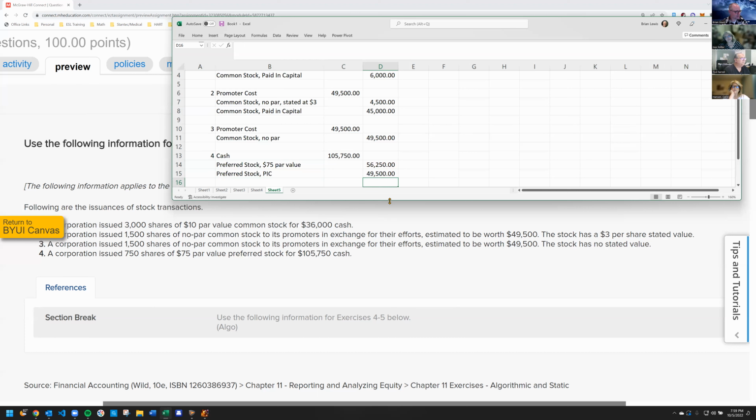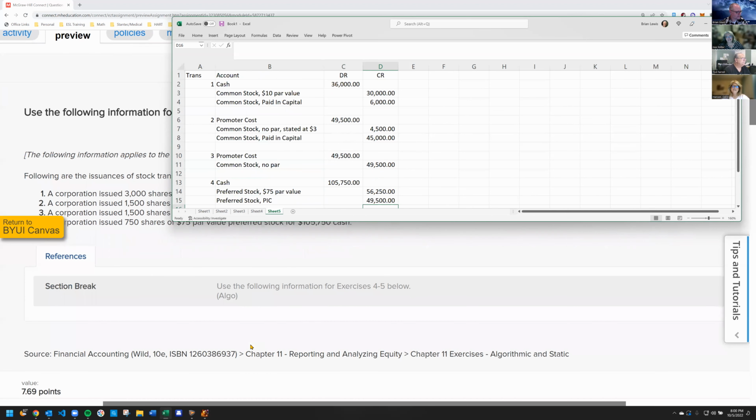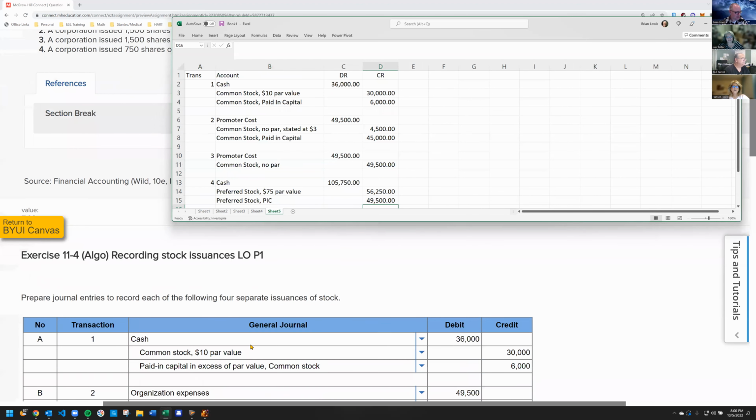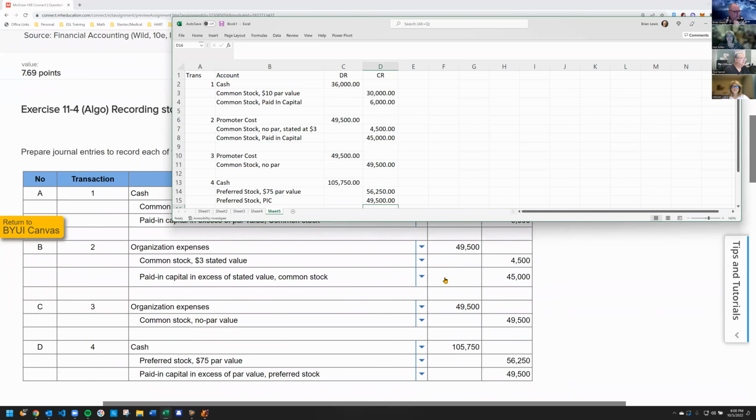Shall we double check? See if I sent you down the wrong path? It is possible. It's always exciting to see that result. Okay, so you see that one's right. This one's right. No par value.